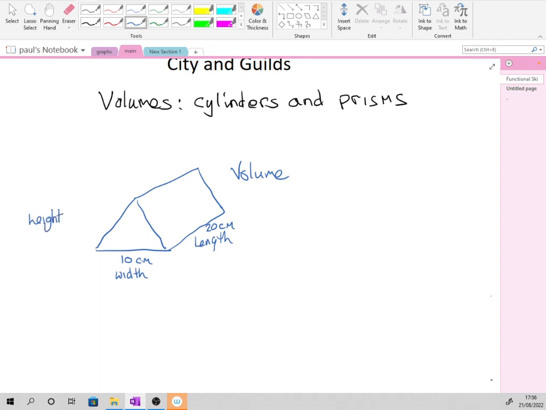Exactly the same as the cuboid, yeah? Vertical height, remember? Okay, so exactly the same as the cuboid.